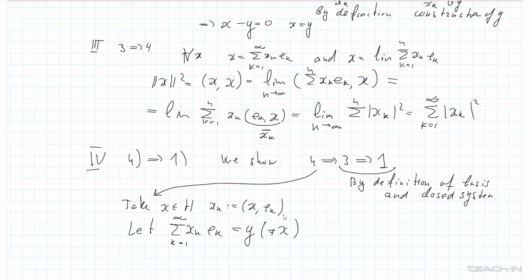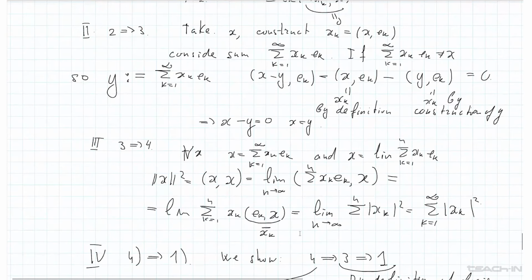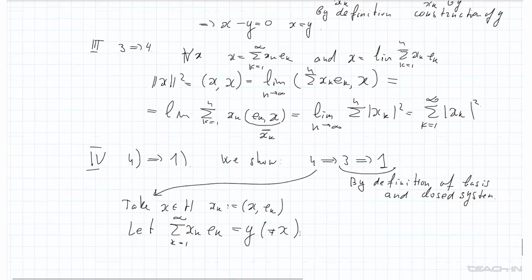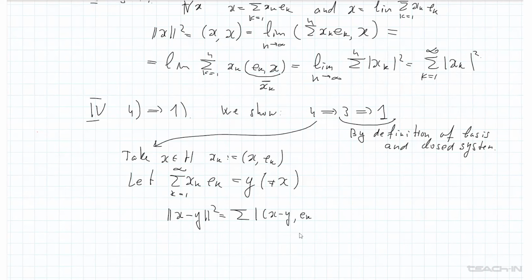We must show they are equal, but all the series we write converge by the Bessel inequality, because the Fourier coefficients are from l2, so all the series converge. And then again, use the Parseval equality. We know that this norm equals these scalar products, the sum of the Fourier coefficients.